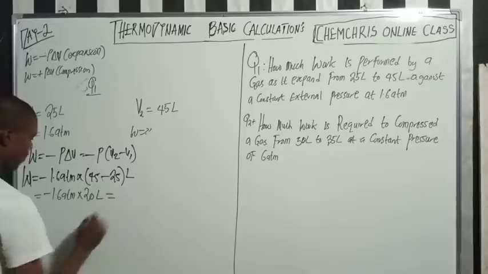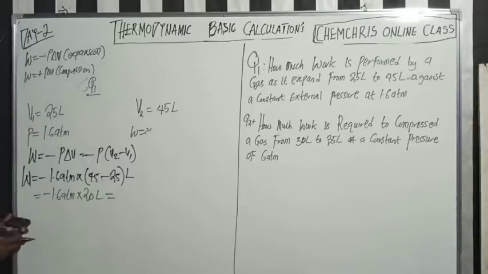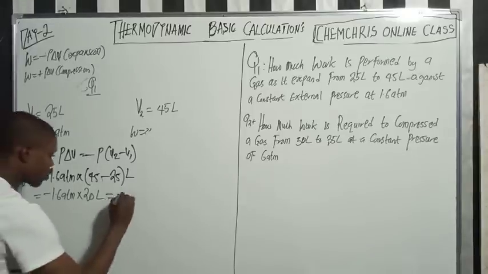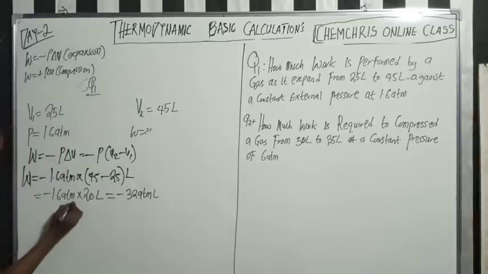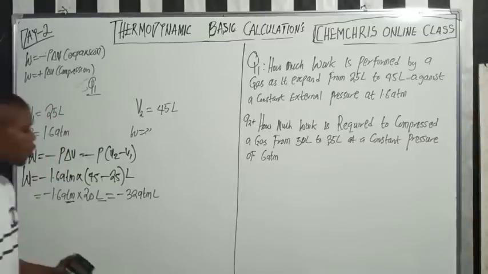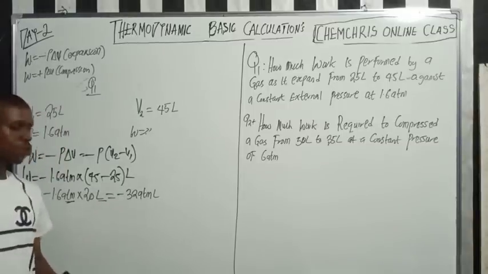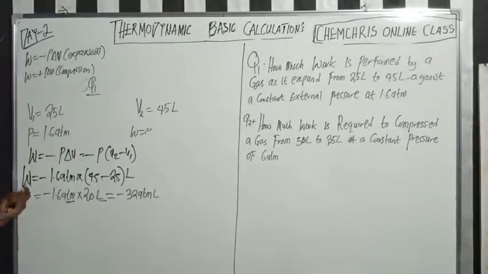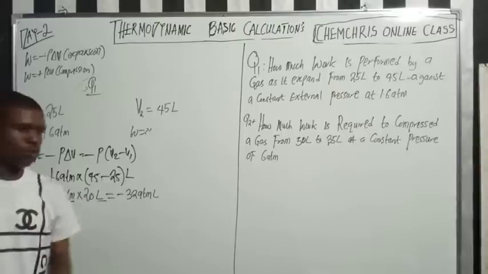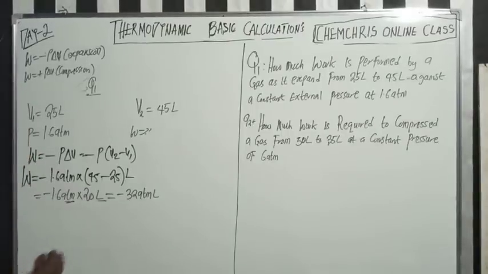If you multiply them, 1.6 times 20, we have minus 32 atm liter. We want to convert atm liter to joules, because the unit of work is not atm liter, rather it is joules. So we use this conversion factor here.